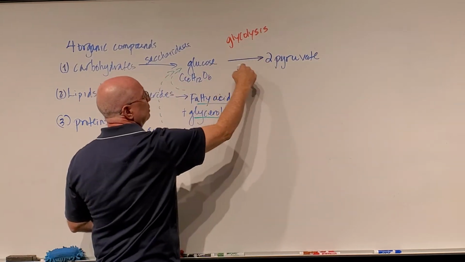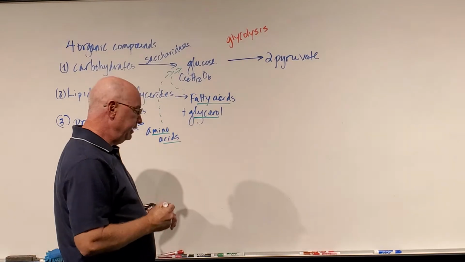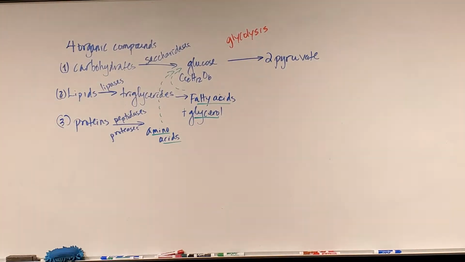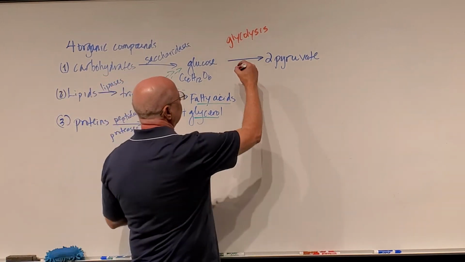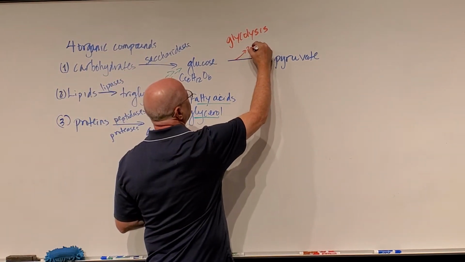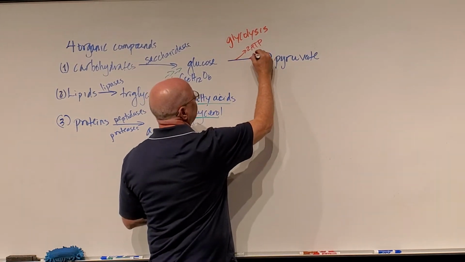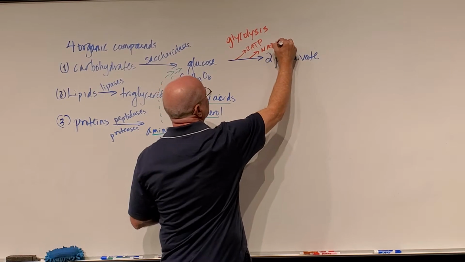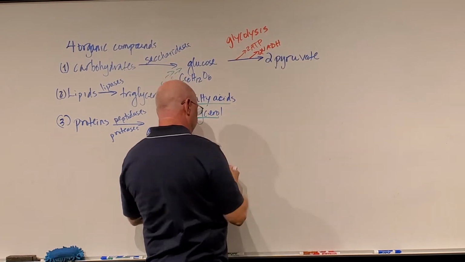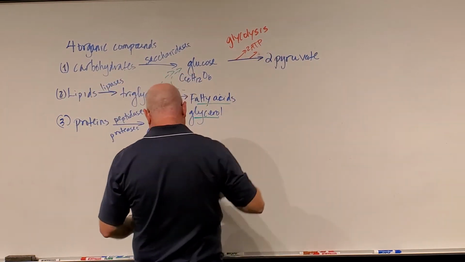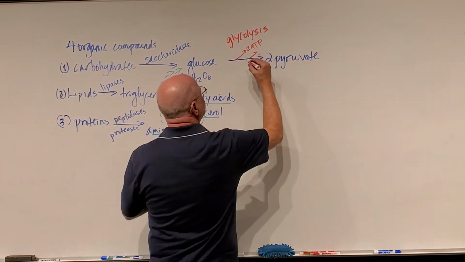Glycolysis is the breakdown of glucose into two molecules of pyruvate. And one of the things that's going to happen in this process is as I break this down, I'm going to get some energy out of it. I'm going to get two molecules of ATP, and I'm going to get these other molecules called NADH. I'm going to get two of those. Let me rewrite that. I'm going to get two molecules of NADH.